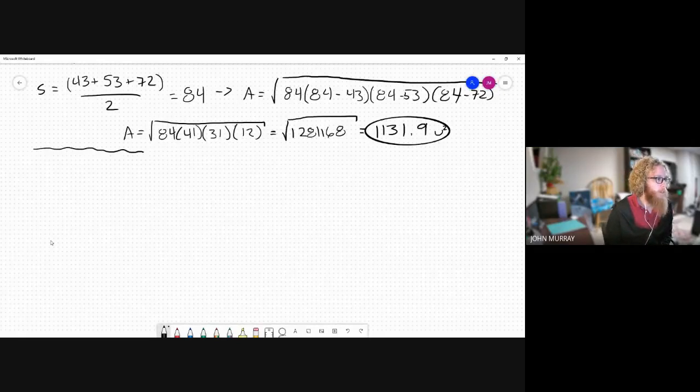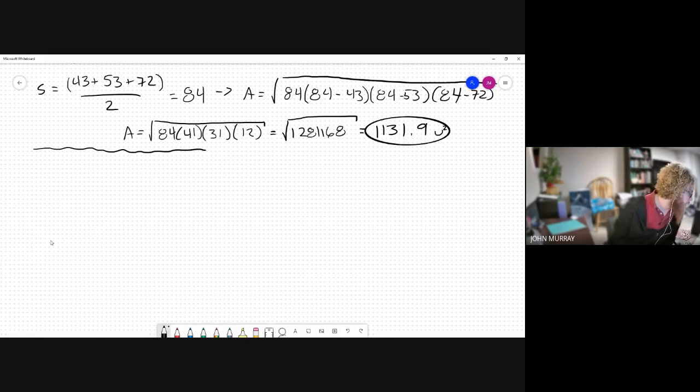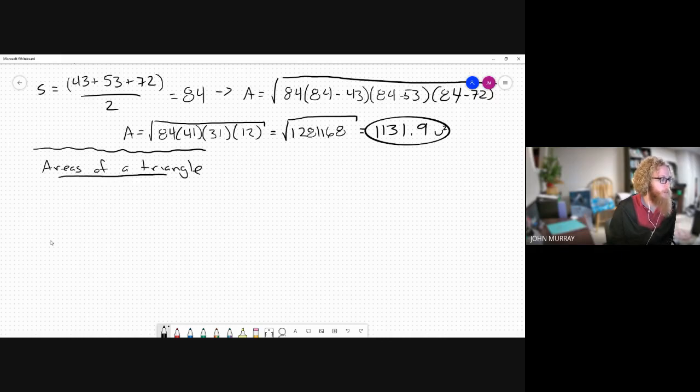So the last thing I'm going to leave you off with is just a quick recap of the different ways we find the area of a triangle. First, we have our normal formula. A triangle is half of a rectangle, so we find the area of the rectangle and we divide by 2, 1/2 the base times height.